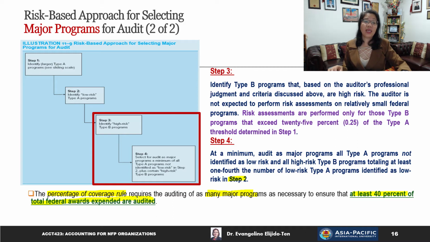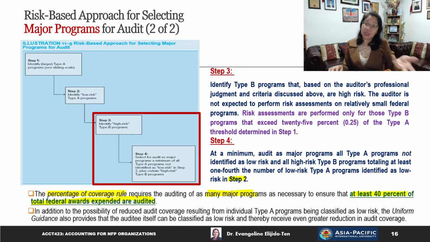So if we are talking about $100 billion worth of federal grants, we need to be able to audit at least about $40 billion worth of federal awards. And we will follow the priority of type A programs first that are not considered low risk, then type B high risk programs.